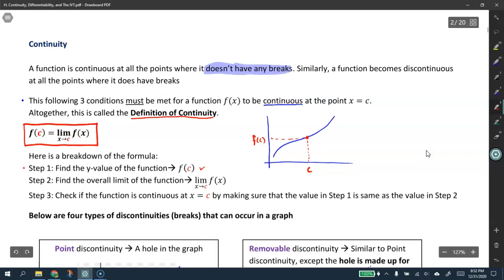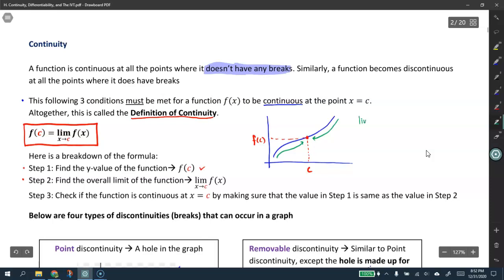Step 2 is calculus-based: you find the limit of that function as x goes to c. Recall from our initial lesson on limits, lesson number 2, which is the first lesson that we learned, that a limit is approached from 2 sections of the graph, the left-hand limit and the right-hand limit.